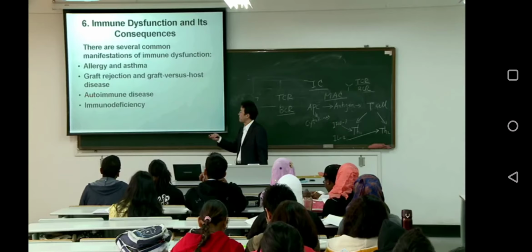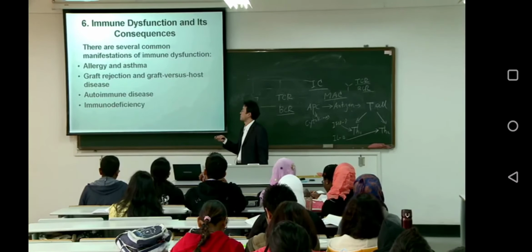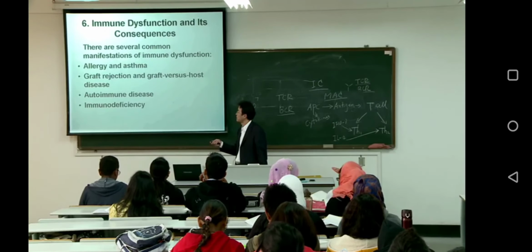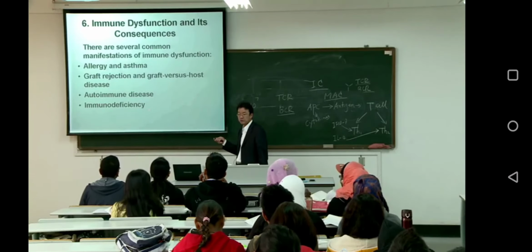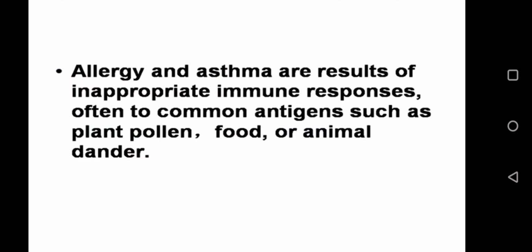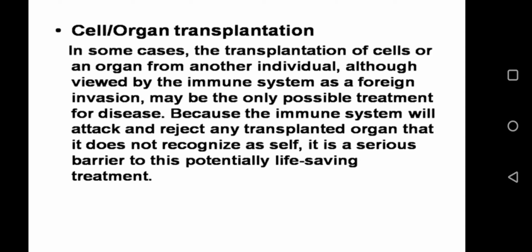This will develop into autoimmune disease. And some people show immunodeficiency, like acquired immunodeficiency syndrome, which we call AIDS. So allergy and asthma are results of inappropriate immune responses, often to common antigens such as plant pollen, food, and animal dander.